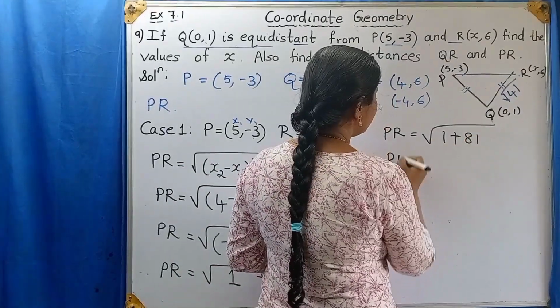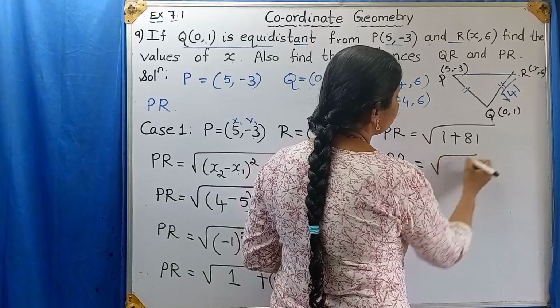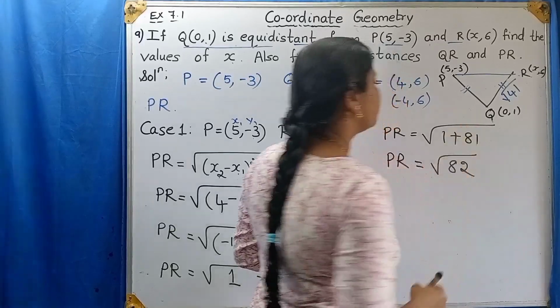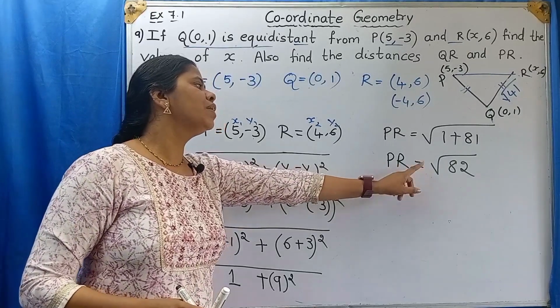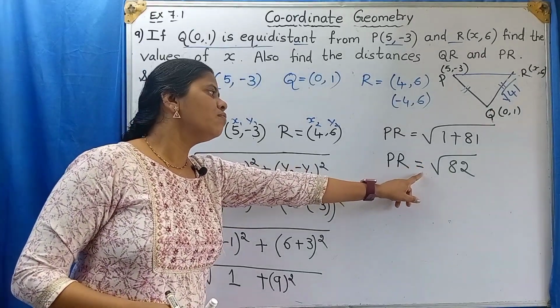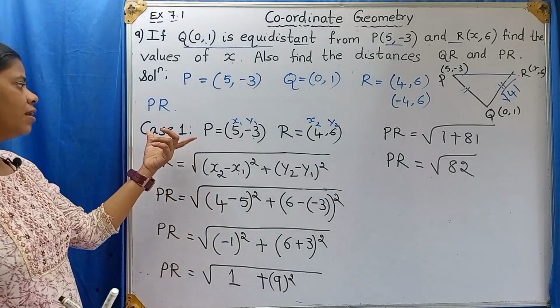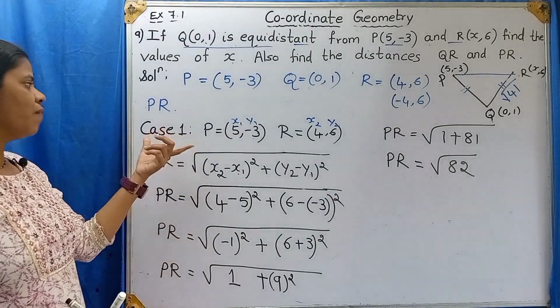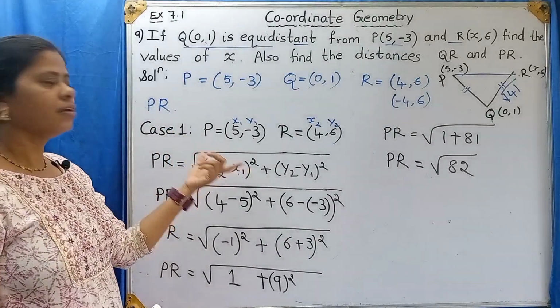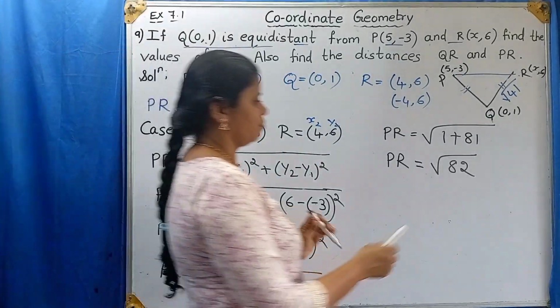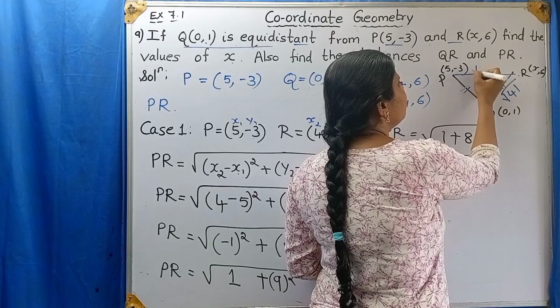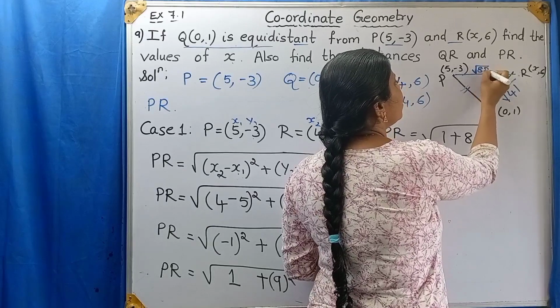That is, the distance between PR is square root of 82. Okay. The distance between the points PR is square root of 82. So we got the value of PR for the first case as square root of 82. Okay, let me write here square root of 82.